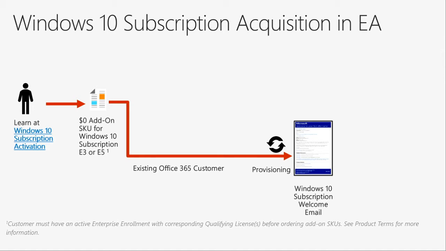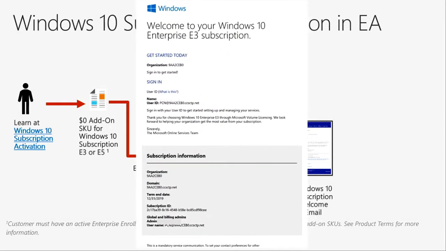If you have an Office 365 subscription, you likely already have a tenant. So when we get this $0 order, we'll try to discover your existing tenant. And when we discover it, we'll go ahead and provision your Windows subscription licenses onto the same tenant. And post that discovery, we'll send you a welcome email.